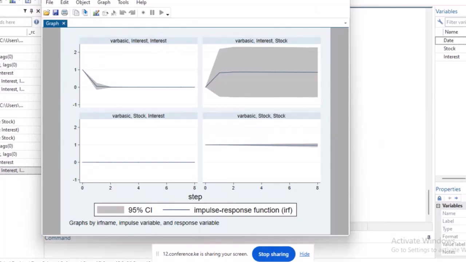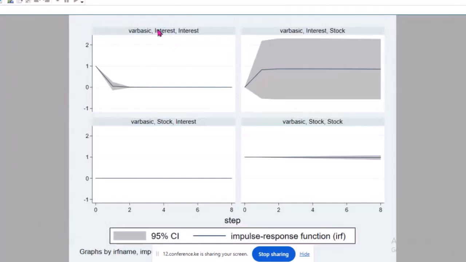So now what we are interested in is the impulse variable and the response variable. If we shock the impulse variable, how will the response variable behave? If there is a sudden change.